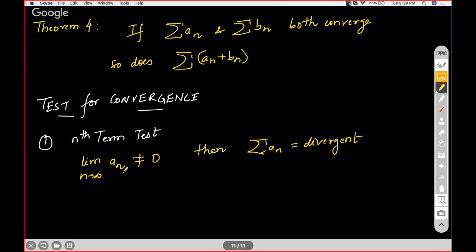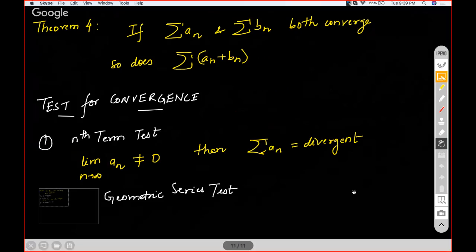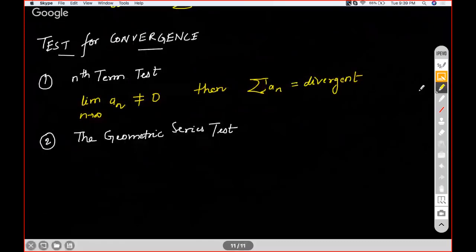The next test is the geometric series test. Is this a successive series of tests, where first you see the nth term test and then go on? Not necessarily. Sometimes by the look and feel of the problem, you will know that the nth term test is not going to help, and you jump directly to another test.